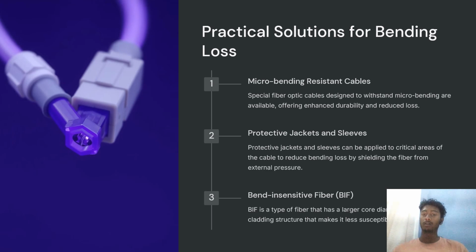There are protective jackets and sleeves that can be applied to critical areas of the cable to reduce bending loss by shielding the fiber from external pressure. BIF is a type of fiber that has a larger core diameter and a special cladding structure that makes it less susceptible to bending loss.